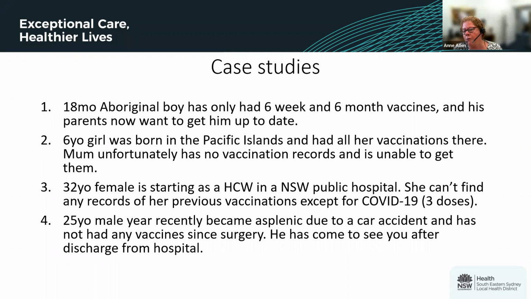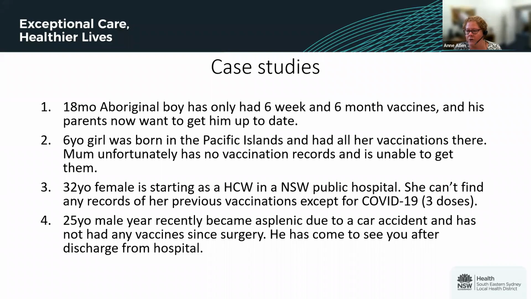Okay, so we've got 4 case studies. The Aboriginal boy who had 6-week and 6-month vaccine, he's 18 months now, and his parents now want him to get up to date. Their 6-year-old girl born in the Pacific Islands had all her vaccinations there, but mum does not have any records and can't get them.